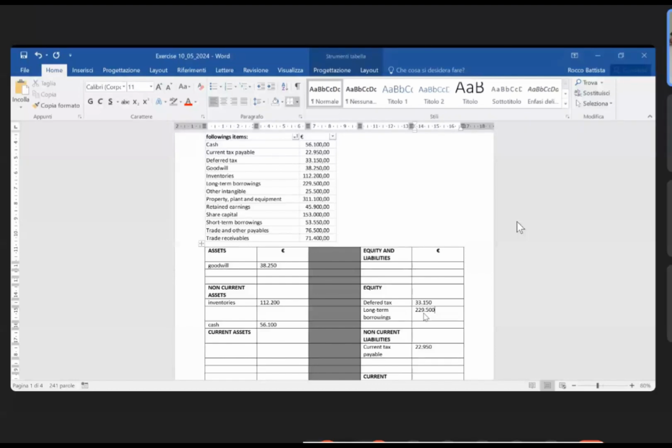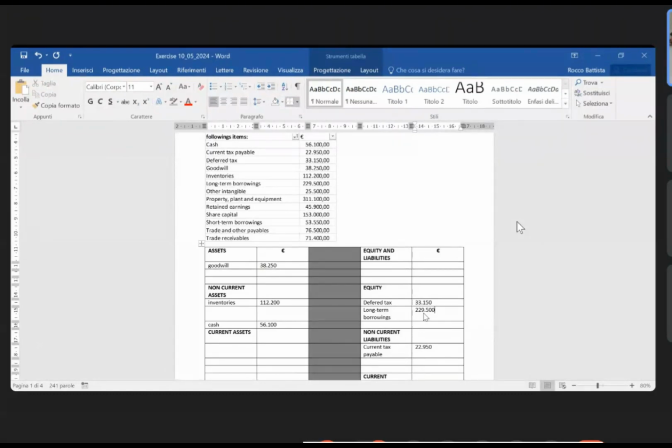Other intangible. Remember what is another? Yeah, non-current assets. Remember that other intangible is like copyright or something like that. You can find even, remember the definition of other intangible, because I think you will find the same item, but you can find even copyright, and copyright is an intangible.